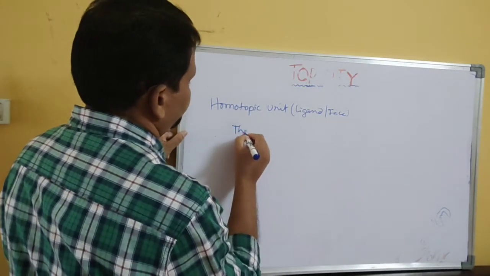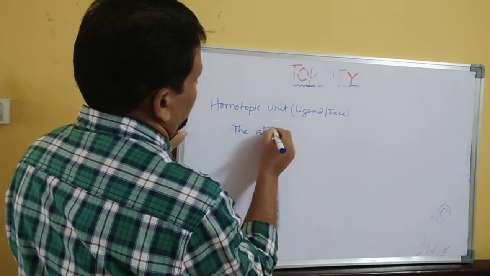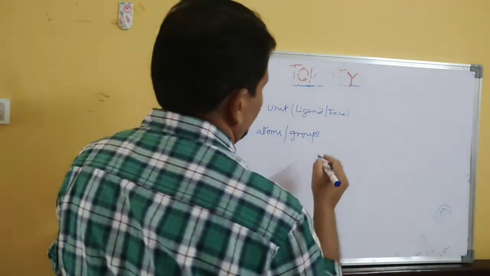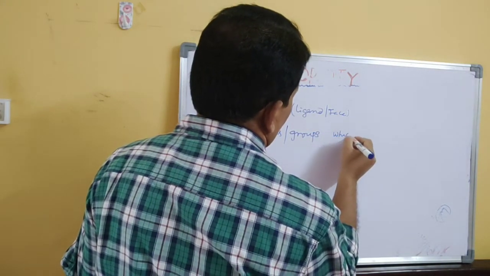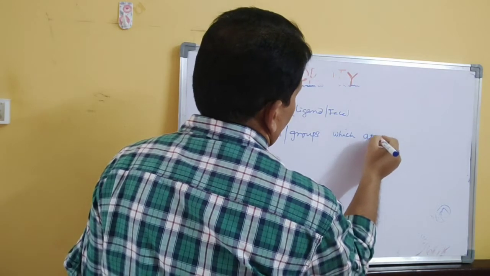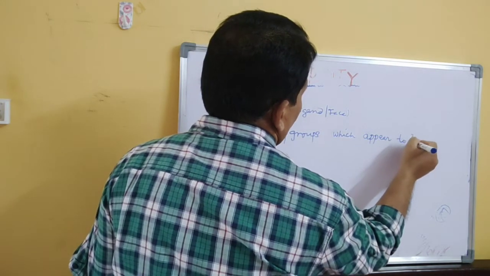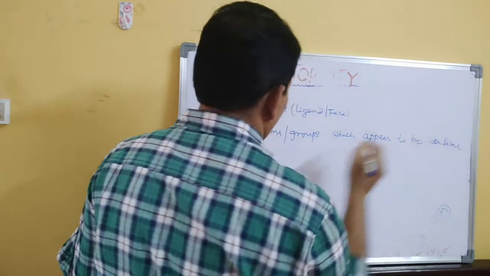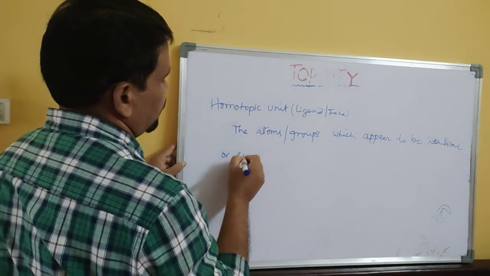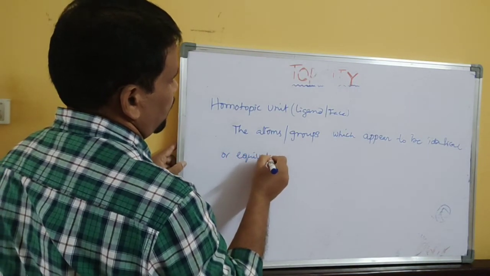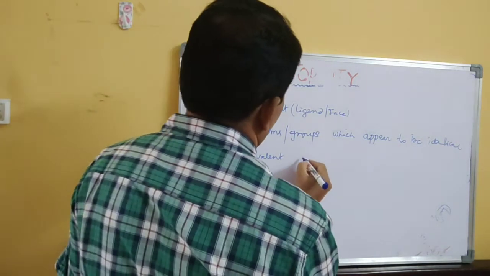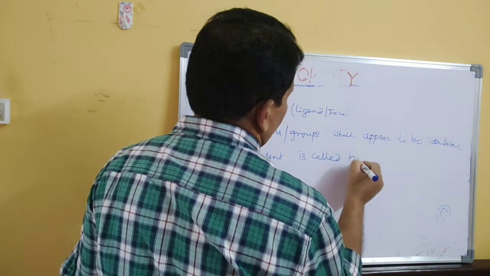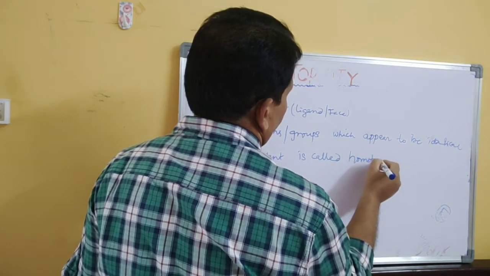The atoms or groups, that means ligands, which appear to be identical or equivalent are called homotopic units or homotopic ligands.